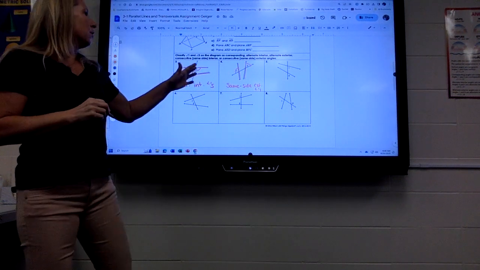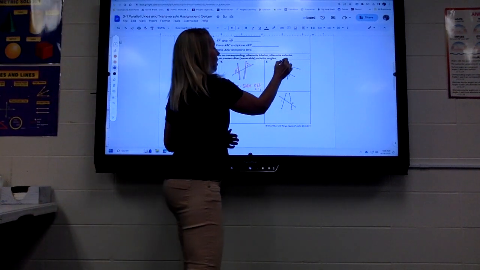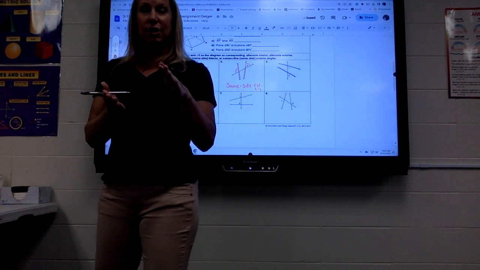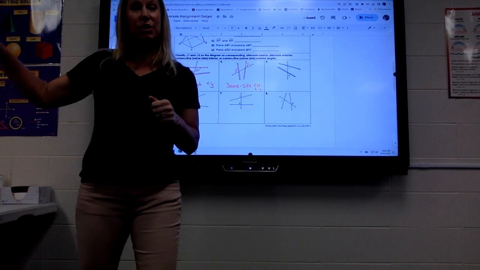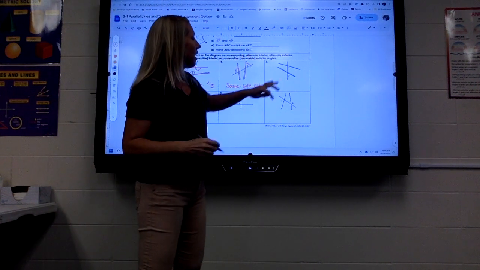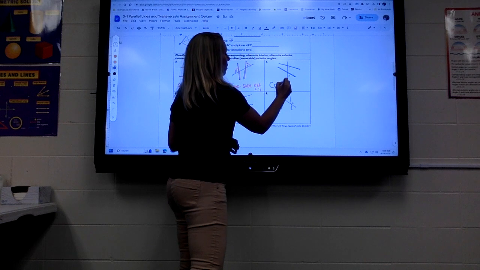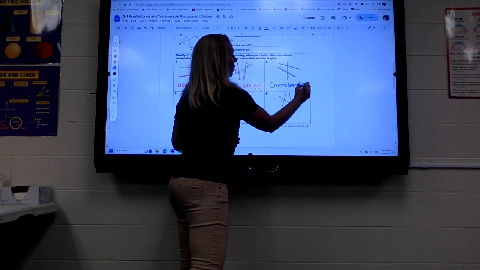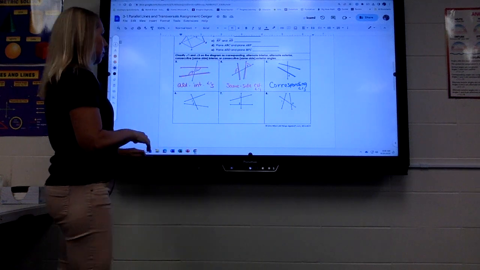And then, like if you look at number 5, here's my 2 lines. Notice 1 angle's interior between the lines and 1 angle's exterior outside the lines. So if you have 1 interior and 1 exterior, that is called corresponding angles. So that's how you do that section.